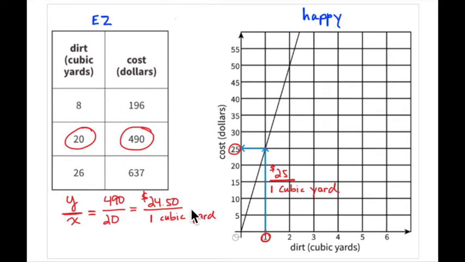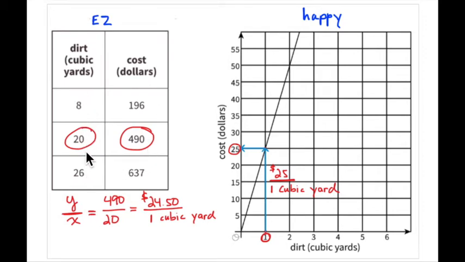All right, so let's look at the table and get to the equation. At least let's begin with looking at the slope, or the constant of proportionality. So if you take the cost in dollars, $490 per 20 cubic yards of dirt. So that's cost per cubic yards of dirt. This is the y value on the right side and the x value on the left side. And it makes sense.